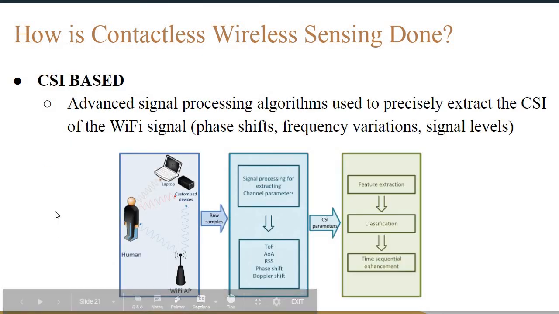Now we look at channel state information based contactless wireless sensors, which are essentially advanced signal processing algorithms used to precisely extract the channel state information of Wi-Fi signals, such as phase shifts, frequency variation, and signal levels.